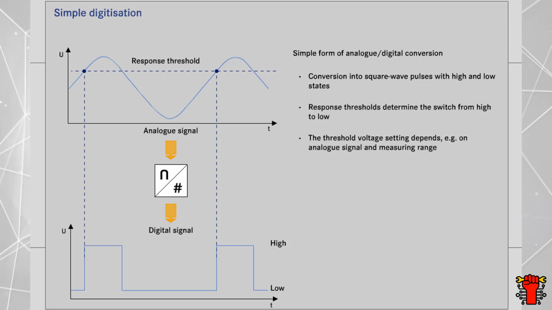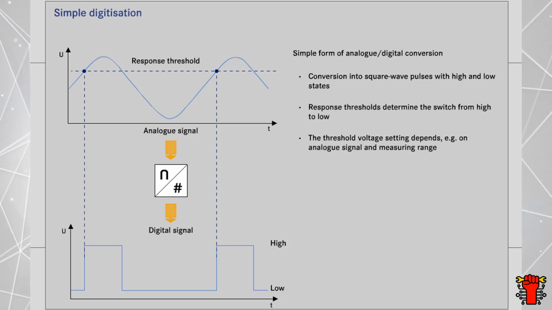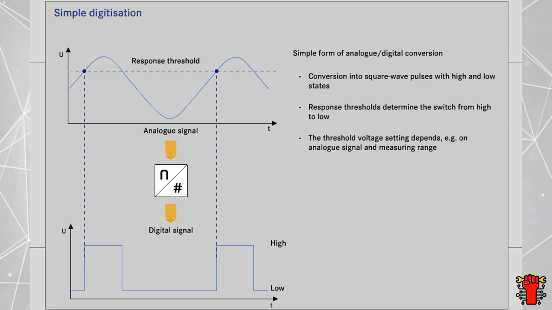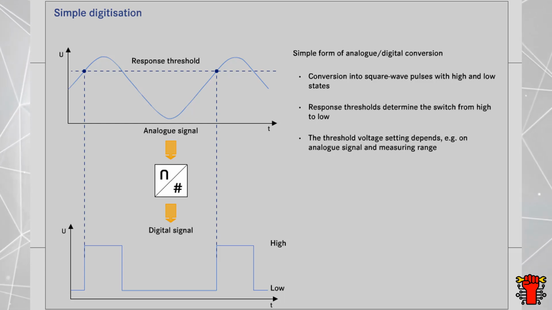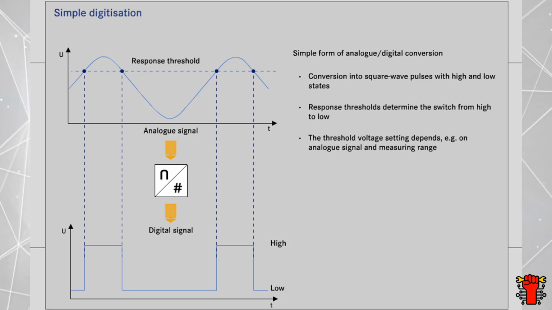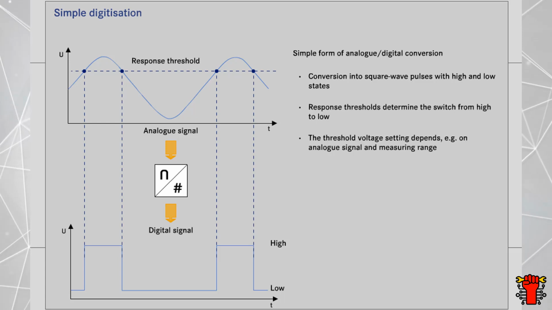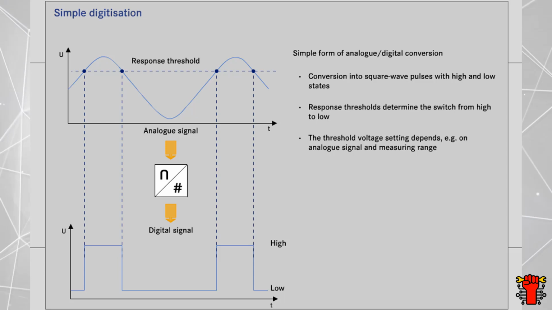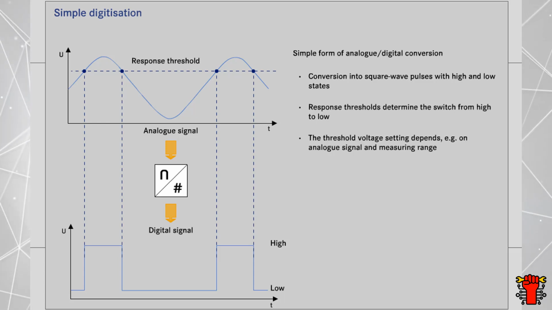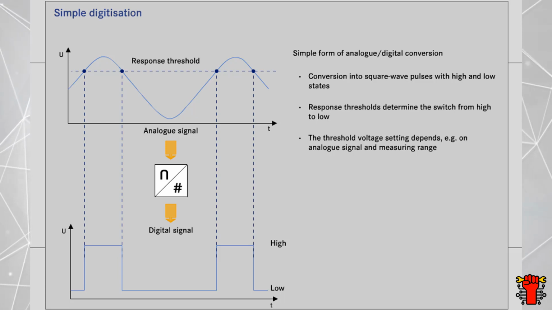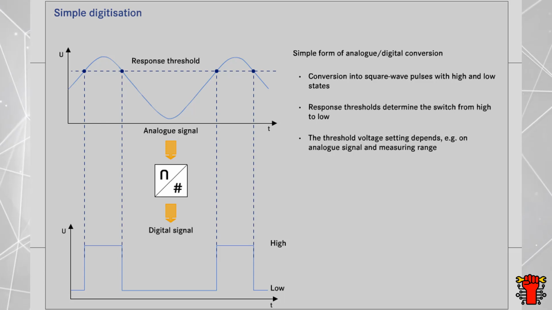As soon as the analog signal exceeds the selected response threshold voltage, a high signal will be generated. For example, if, on the other hand, the analog voltage drops below the threshold value, a low signal is generated accordingly. The threshold voltage setting depends, amongst other factors, on the analog signal to be evaluated and the desired measuring range.